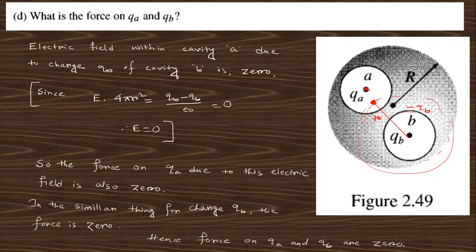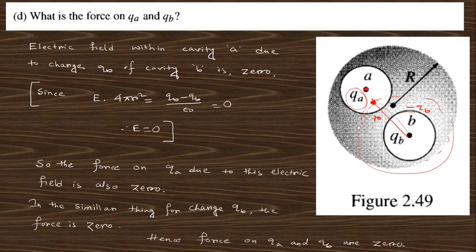Clear? This is the qa charge placed here. We can find out the force by multiplying this charge with the electric field at that region. The electric field at that region will be generated due to other charges, that means the qb charge.